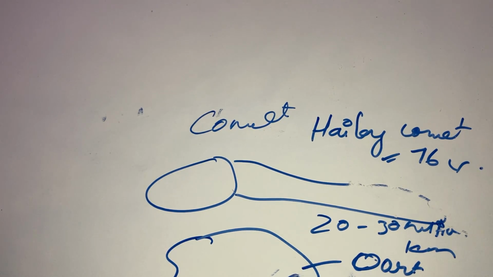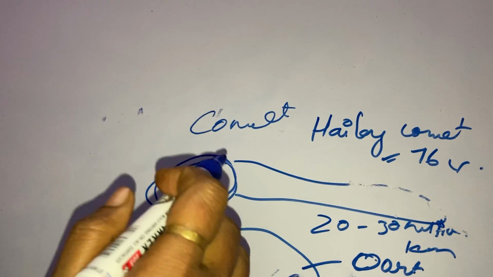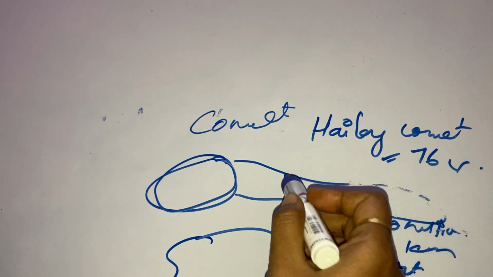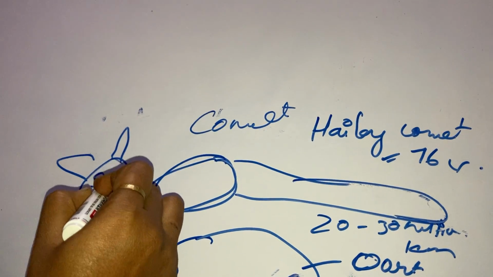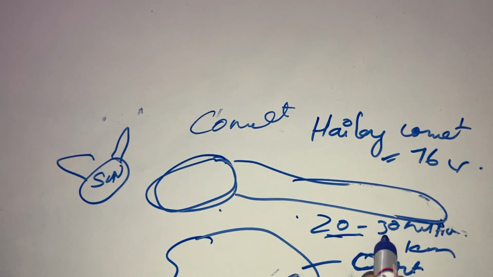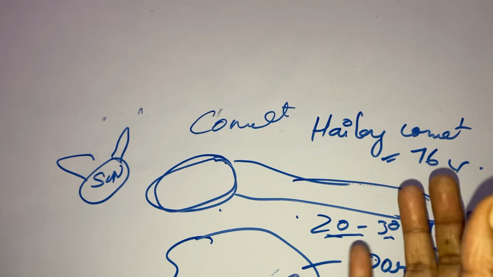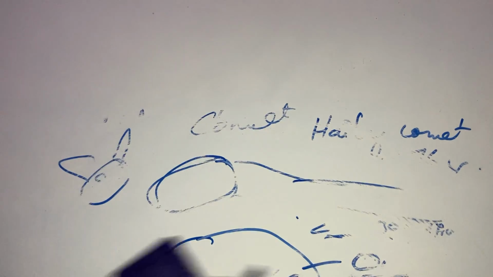So comets are small fragments that have a head and tail when they come closer to the sun. Some comets form a cloud called the Oort cloud, and meteorites are called shooting stars.